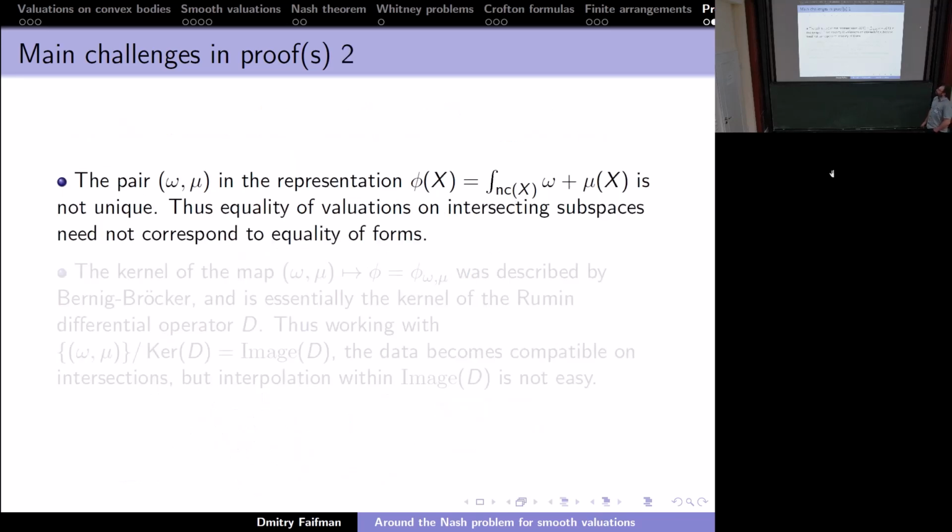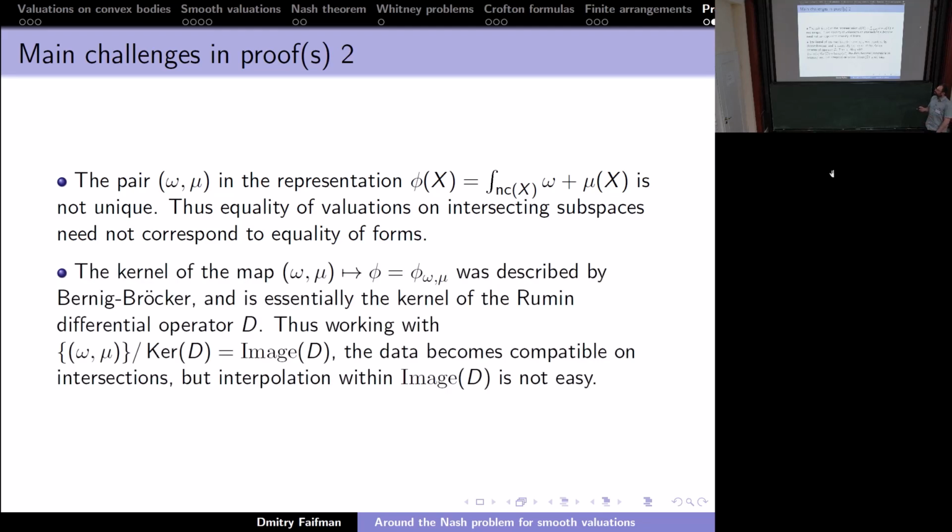Okay, that's one issue. Another issue is that this presentation of valuations by a pair of forms is not unique. That means that if you have compatibility of valuations, it doesn't mean that the corresponding forms would coincide. This problem has a natural solution. The kernel of this assignment that takes omega and mu and gives you phi, so this ambiguity in the choice of omega and mu, is well understood.